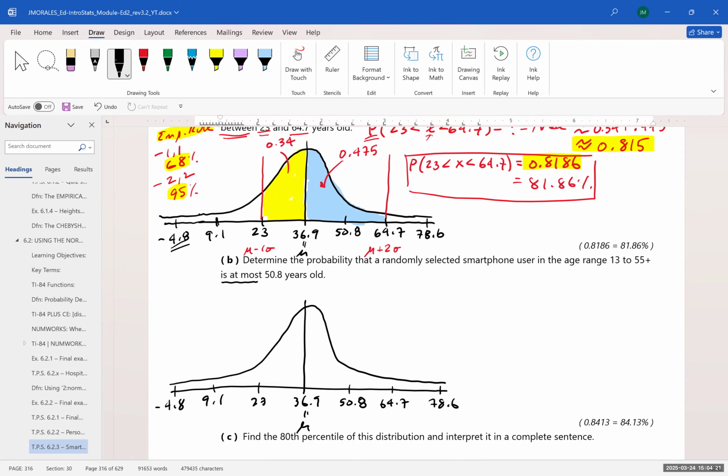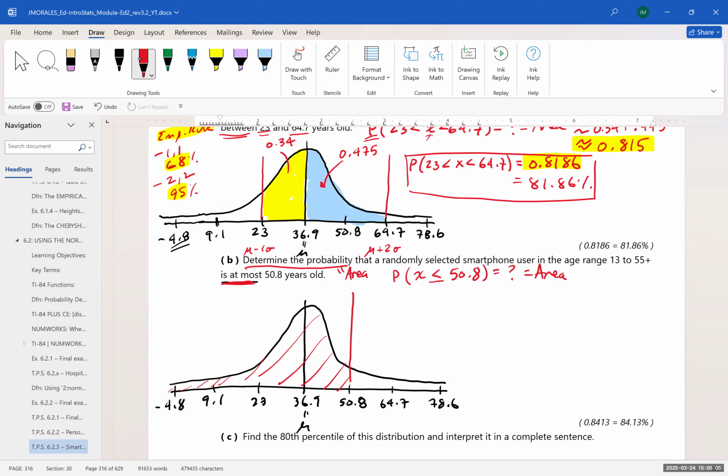Now it says at most 50.8. So here's 50.8, and at most means we want everything below that. So we're trying to find an area. When it says determine the probability, remember, probability is area. So what's the probability that a randomly selected smartphone user is less than or equal to 50.8 years of age? What is that area?